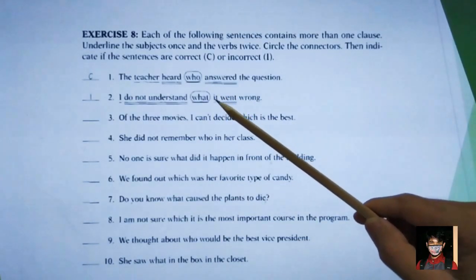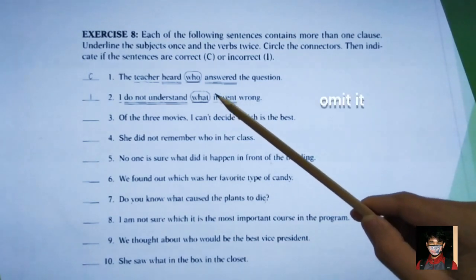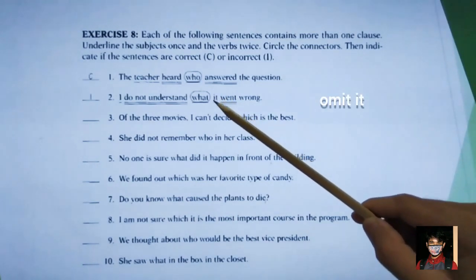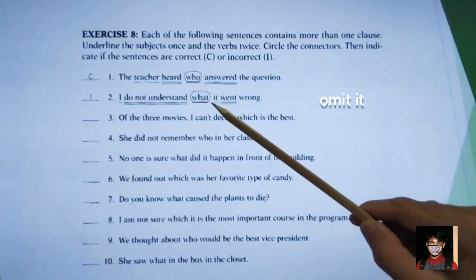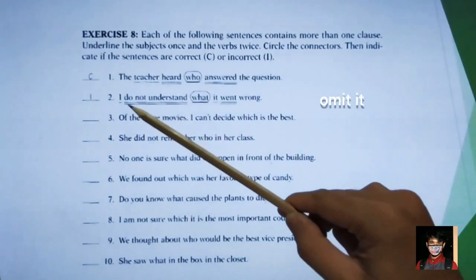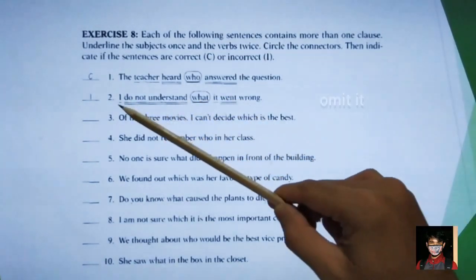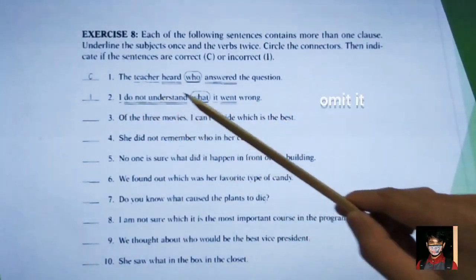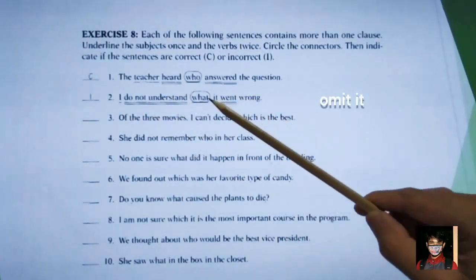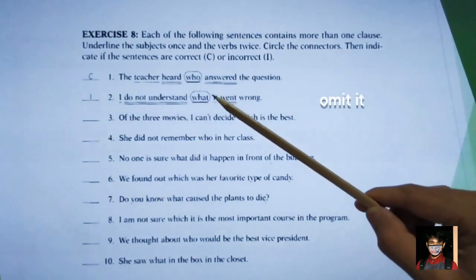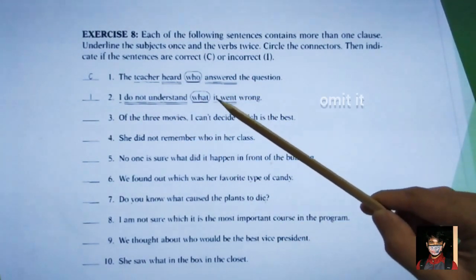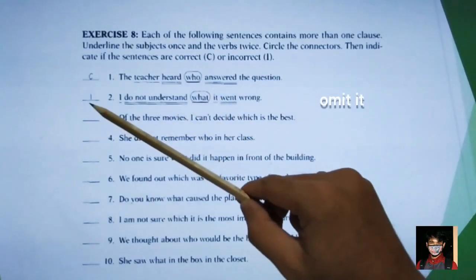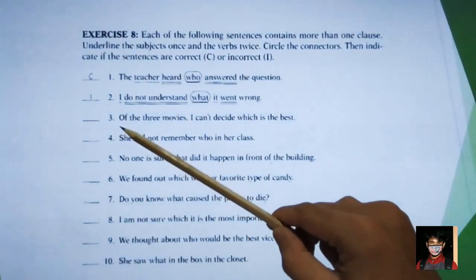You still remember the previous point: no subject for the dependent clause in this kind of clause. So we could omit this and the sentence would be correct: I don't understand what went wrong. You just omit this word that makes it incorrect. So take a look at number 3.